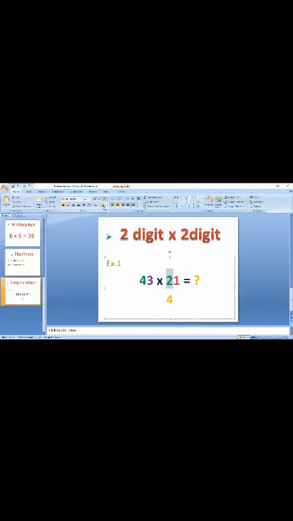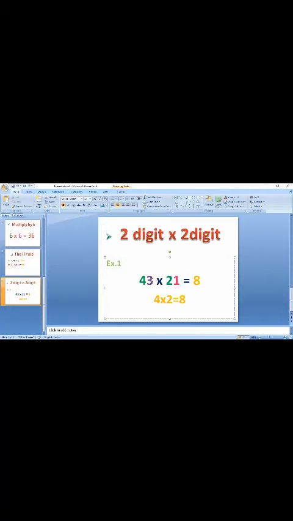So we multiply these two numbers and we get 8. So 8 will be the first digit of the answer.